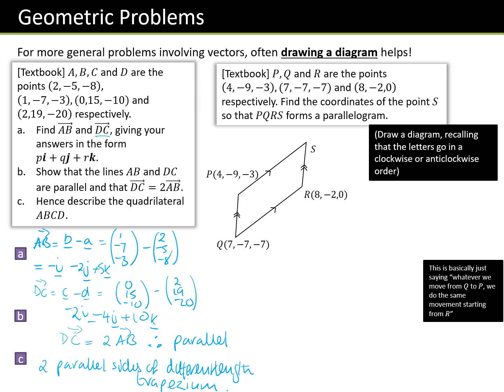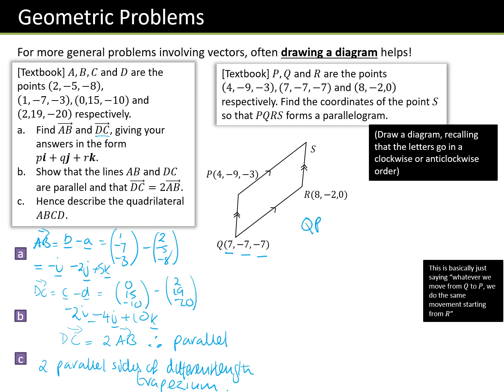Okay, next question. We've got P, Q and R as these points here, again given as coordinates, so we can use them as position vectors. Find the coordinates of the point S. Well, all we need to do here, because they're given as coordinates, we know to get from O to Q is just go along the vector here, (7, -7, 7), and then from Q to get to P, we can do that reverse vector again.